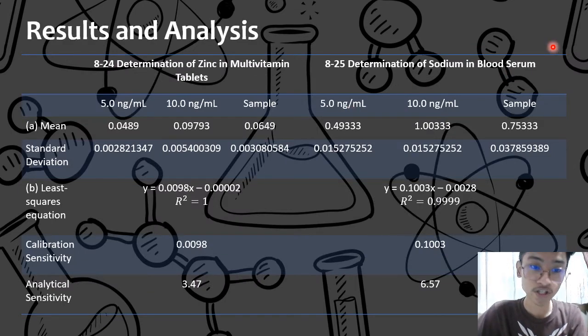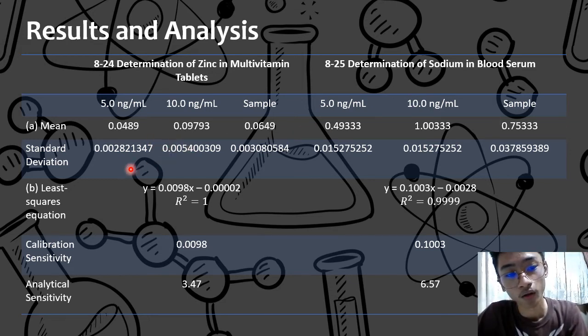Now for the results and analysis of the two problems, here we can see the means. They are close to each other with the same significant figures. Standard deviations are relatively low. The least squares equations were calculated.